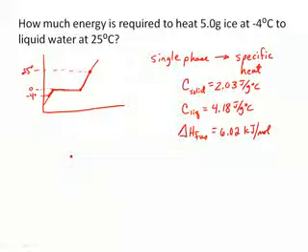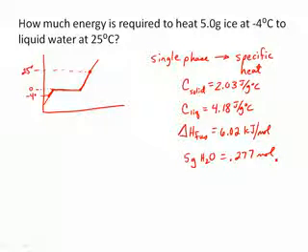We're going to need moles and grams for that one. So we have 5 grams of our ice, which is going to equal 0.277 moles. Okay, so now I think we've got all the information that we need.